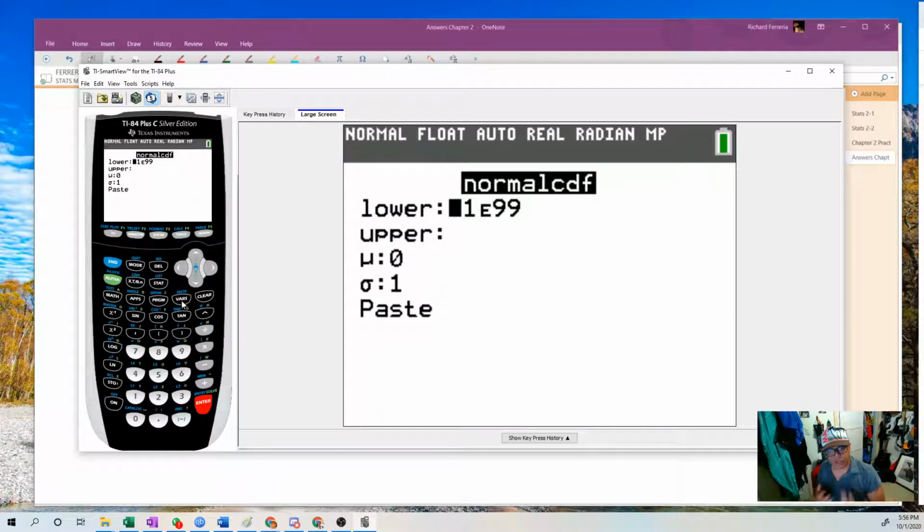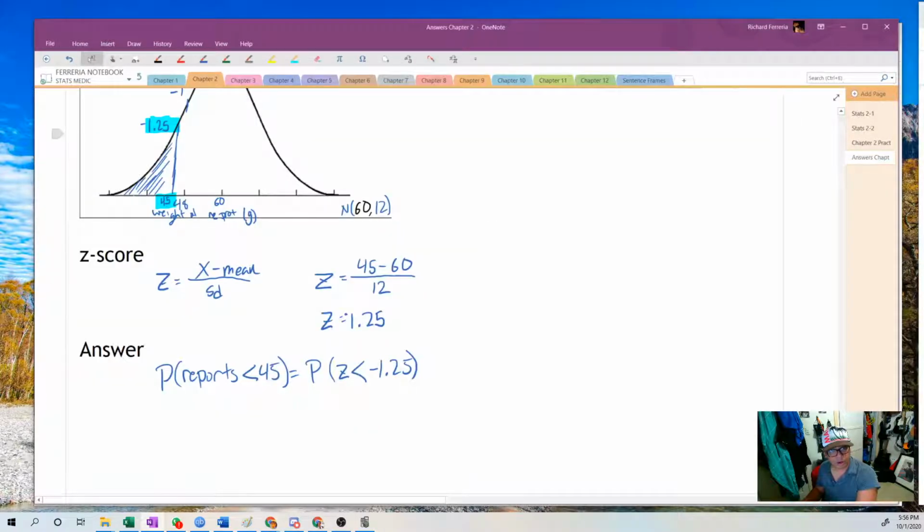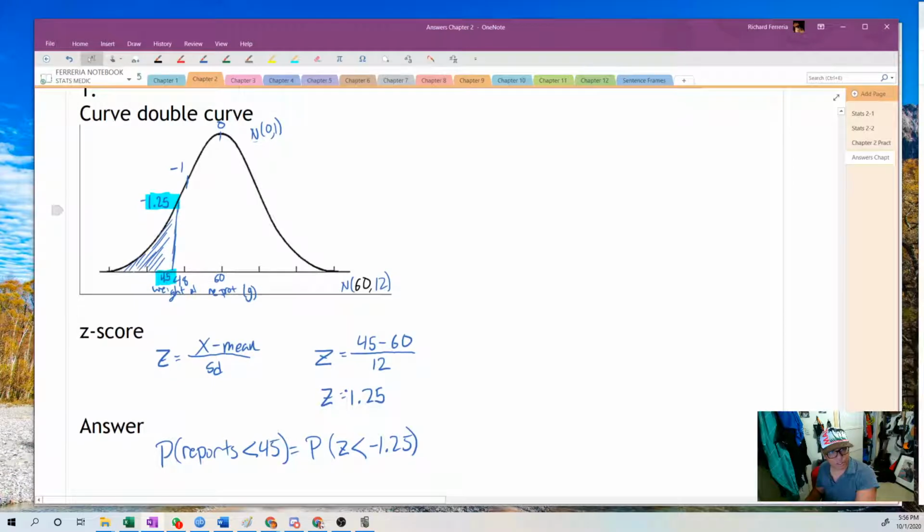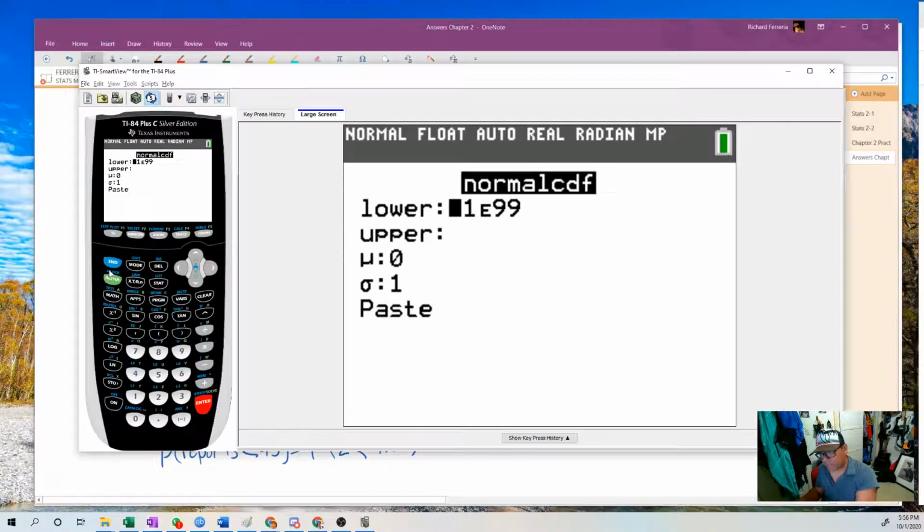The first time we're going to do this in terms of the z-score. So the lower bound of our area doesn't really exist. It is far to the left, which would give us a very small negative number. Negative 1e99 is the smallest number that the TI-84 will give you.